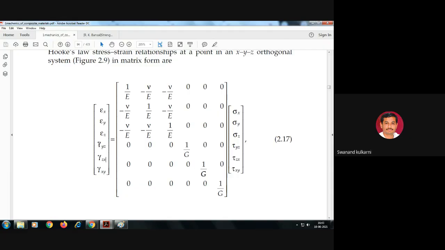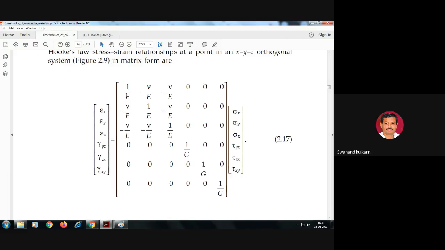So all these three shear stresses are related with their strains by the shear modulus. With this shear modulus, shear stress upon shear strain, that particular equation we get with that multiplication. So if we verify each and every row multiplication with the column, we get the concerned value.